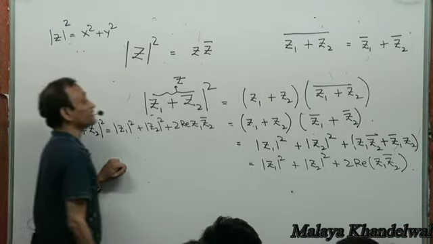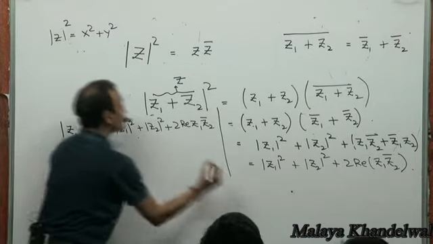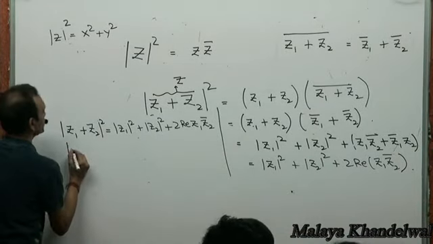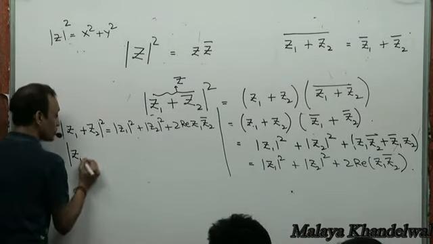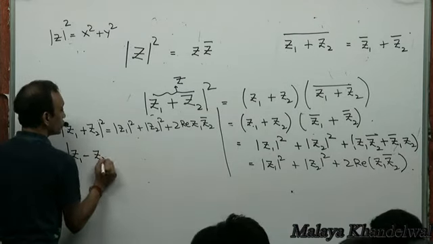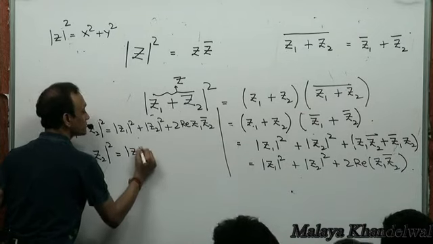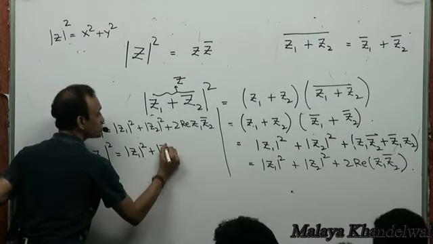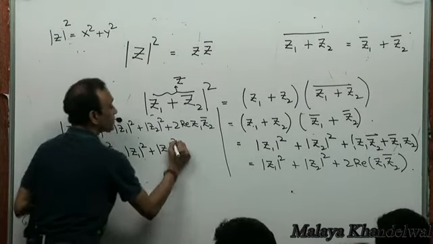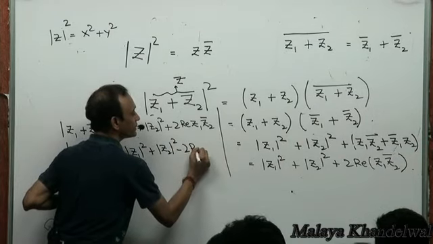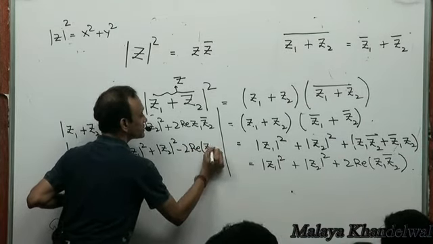In a similar manner, you would want to independently establish that mod of z1 minus z2 whole squared is mod z1 squared plus mod z2 squared minus twice real z1 z2 bar.